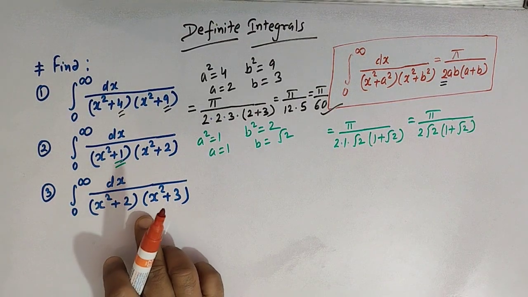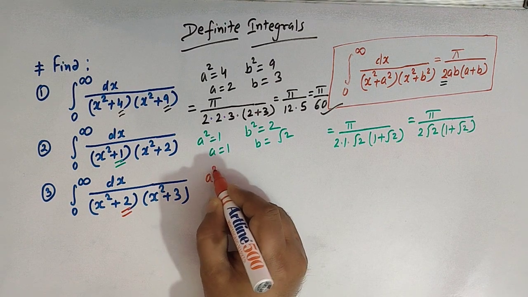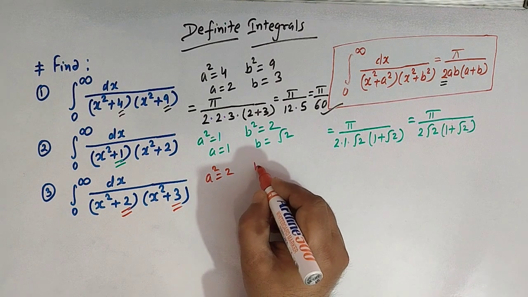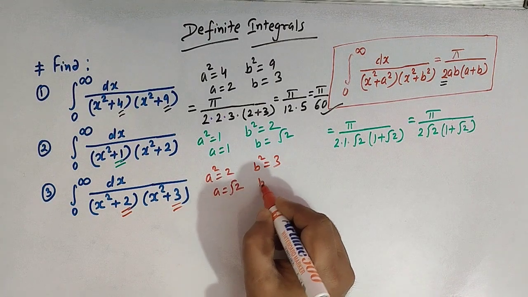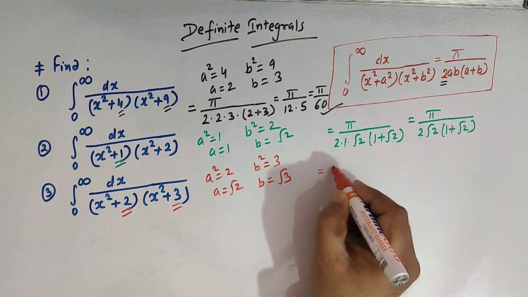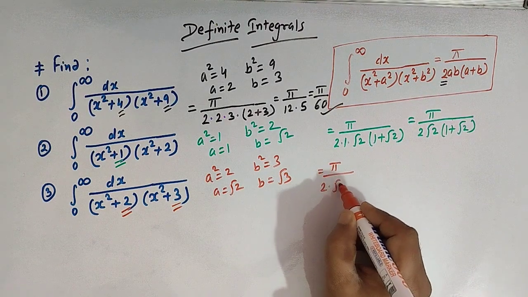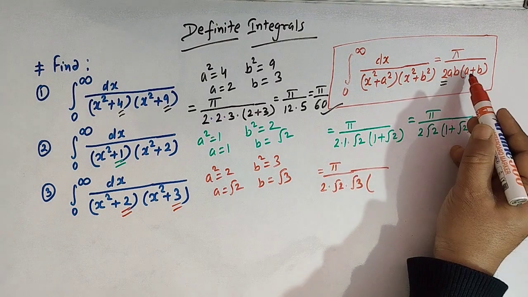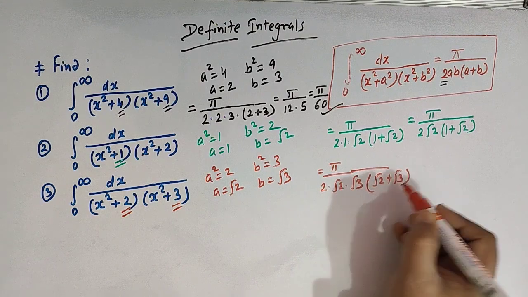Now let us consider the third one. Here the value of a square is 2, and the value of b square is 3. So a is the square root of 2, b is the square root of 3. The value of this integral is pi divided by 2 times square root of 2 times square root of 3, and here we have a plus b, so square root of 2 plus square root of 3.